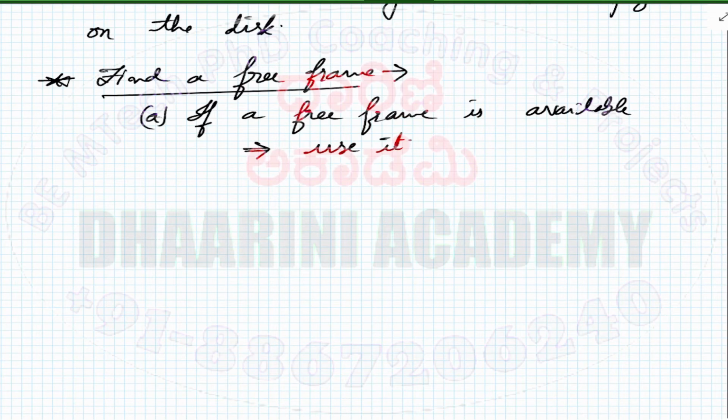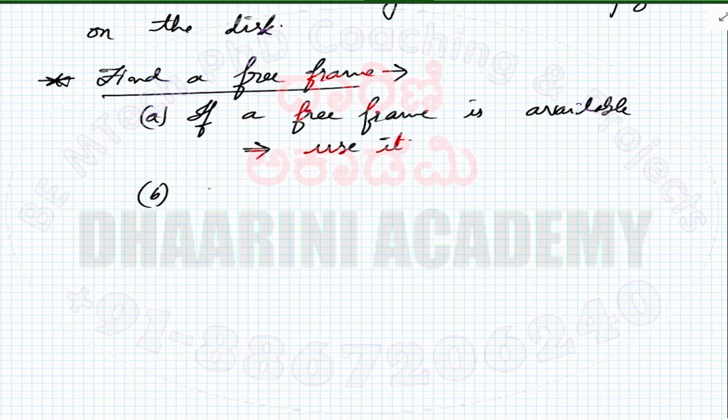I check whether there's a free frame. Yes, it is available, you can use it. If there is no free frame, use a page replacement algorithm to select what is called a victim frame. We need to select one victim frame. So how to identify the victim frame? We use the page replacement algorithms.